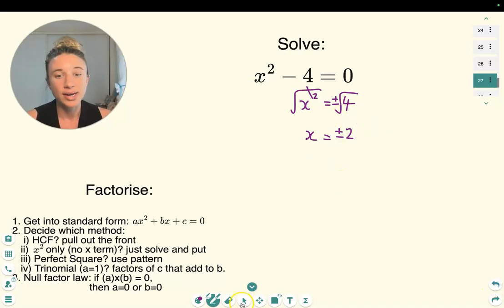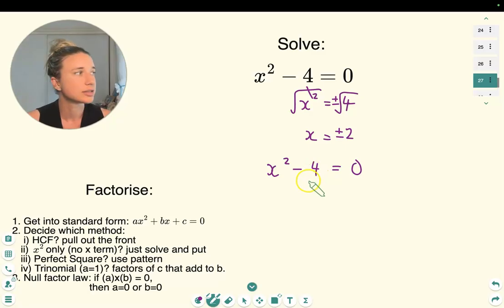Now, there is another way to solve this, because this is a difference of 2 squares. So let me just write it down again. The difference of 2 squares pattern is if the first and last number is a square. Sorry, a big bus went by. So we can rewrite this as x squared take 2 squared.